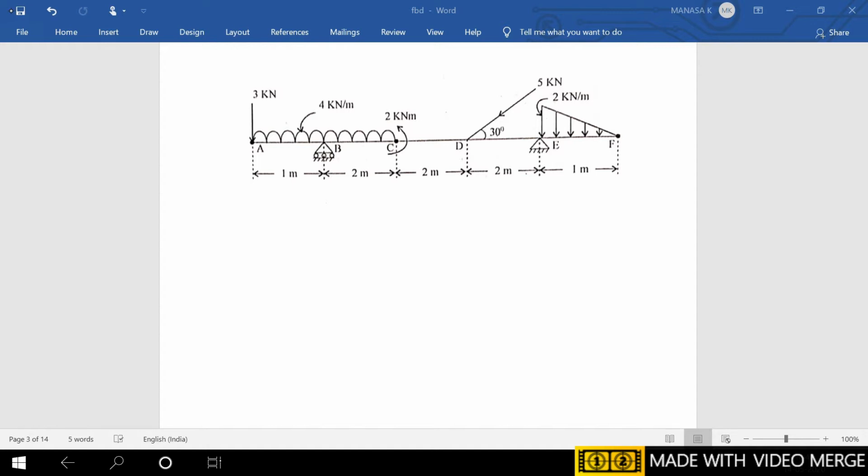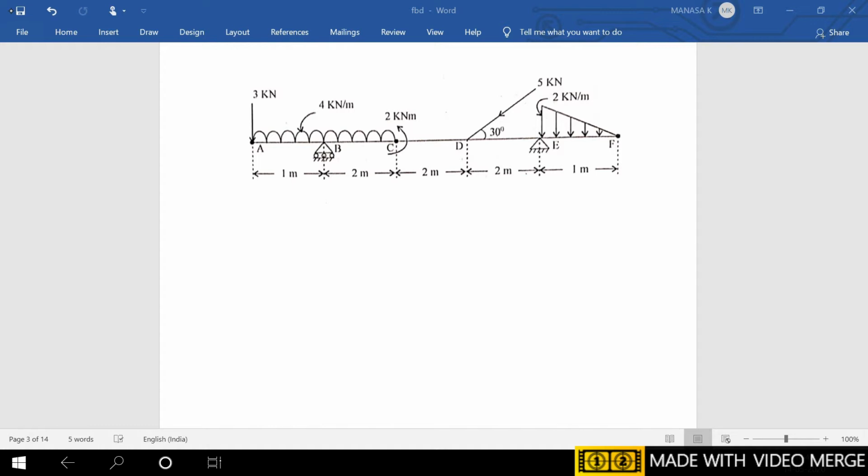and mention the variables wherever required at the starting and ending point of the loading as well as where the support is present. So support is present at B and E, which is already mentioned with the variable, and at A there is a point load, and from point A till C the UDL is acting with the intensity of 4 kN per meter and a moment is acting at C. At D there is an inclined 5 kN point load, and from E to F the UVL is acting with the intensity of 2 kN per meter.